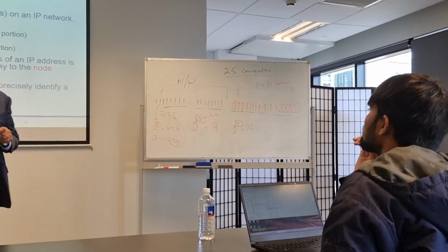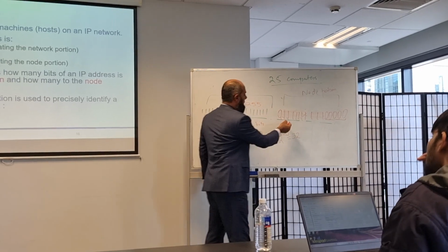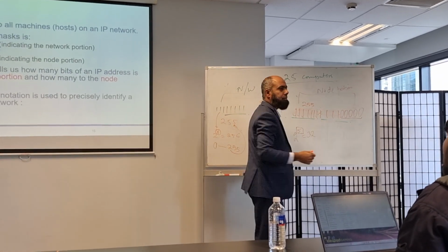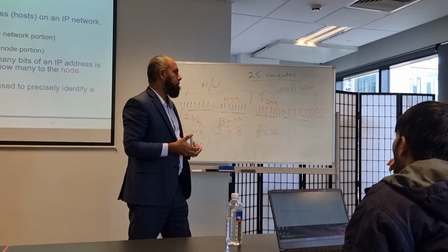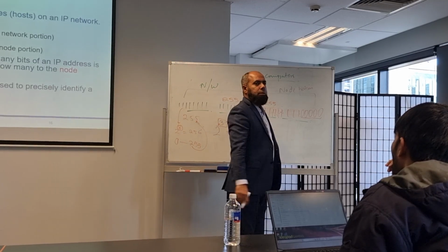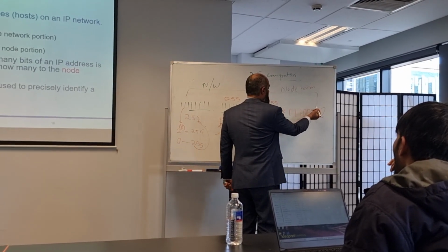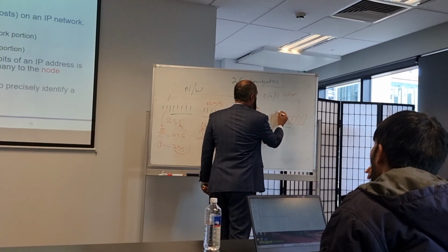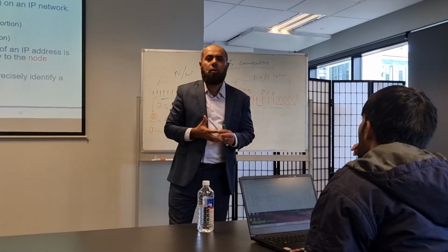So this is 255, this is 255, this is 255. What is this now? 128 plus 64 plus 32. We know it's 2 power 0, 1, 2, 3, 4, 2 power 5, 2 power 6, 2 power 7. Is it 198?